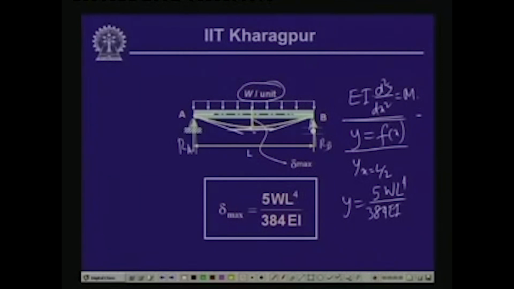The point where the tangent to the elastic curve is horizontal is where the deflection is maximum. So, the maximum deflection in this case is at x equals L by 2, which equals 5 W L^4 by 384 EI. This is the maximum value of the deflection for a simply supported beam subjected to uniformly distributed load.